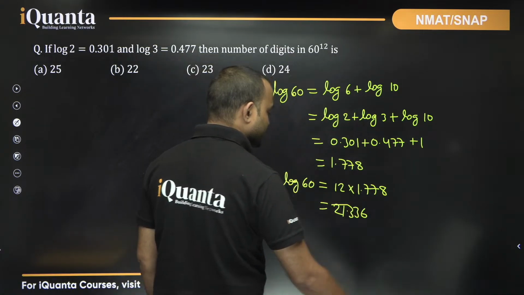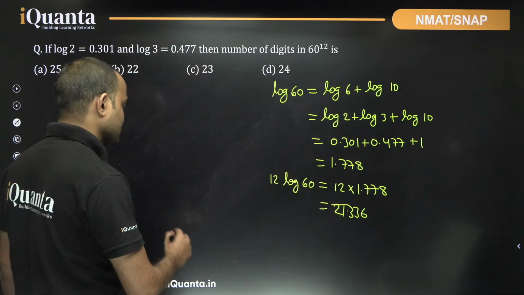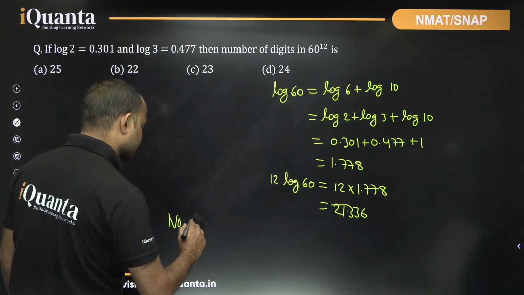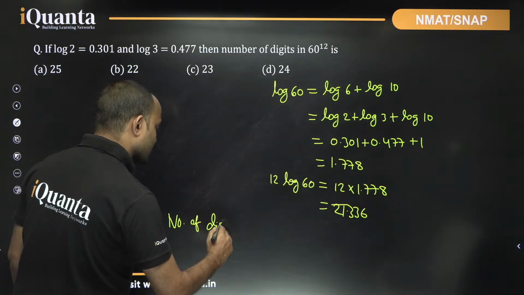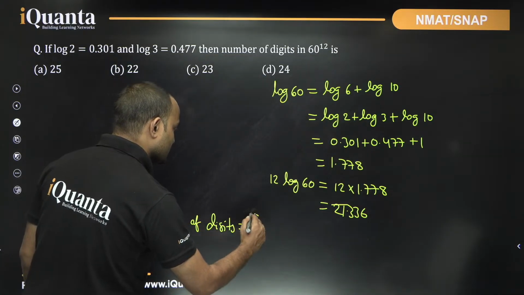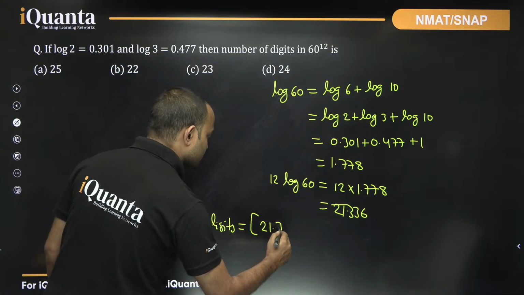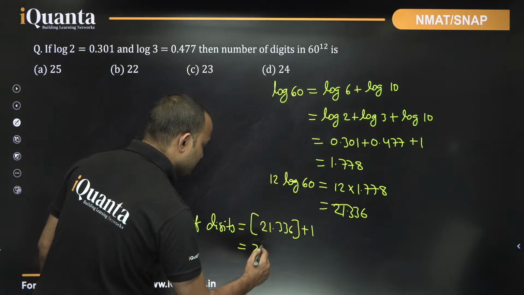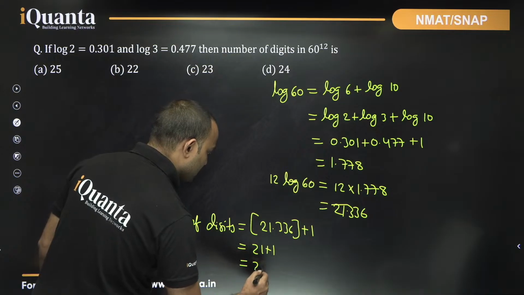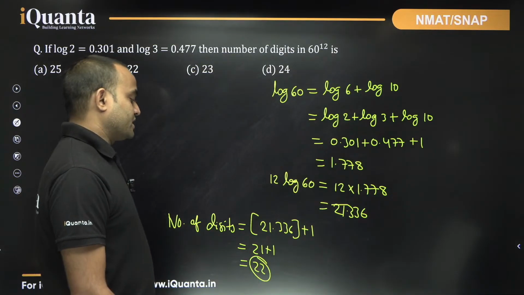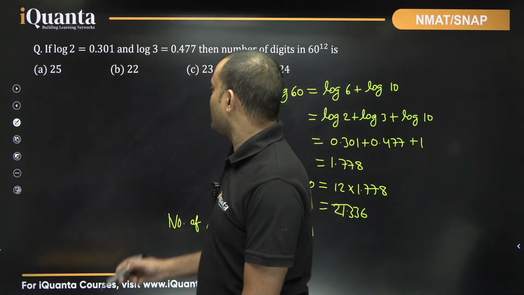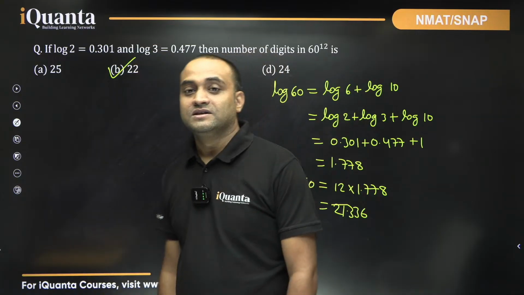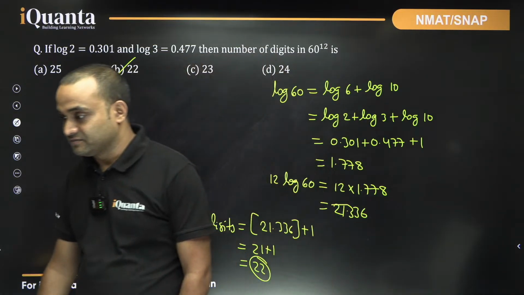So this will be 21.336. So the number of digits will be equal to the greatest integer of 21.336 plus 1, which will be equal to 21 plus 1, and that is equal to 22. So yes, all of you who got option B, your answers are correct.